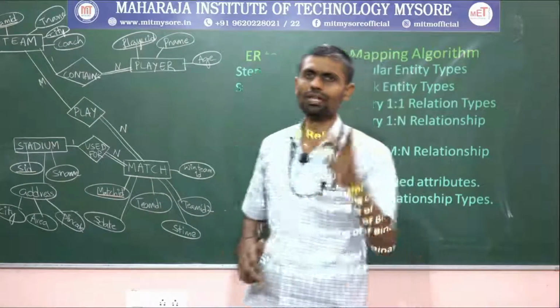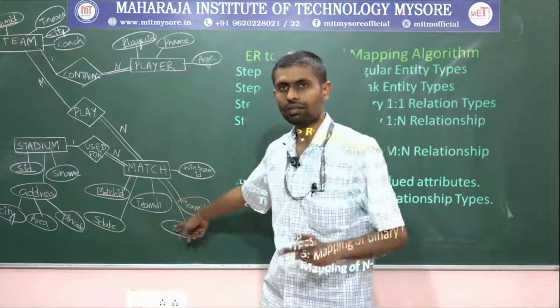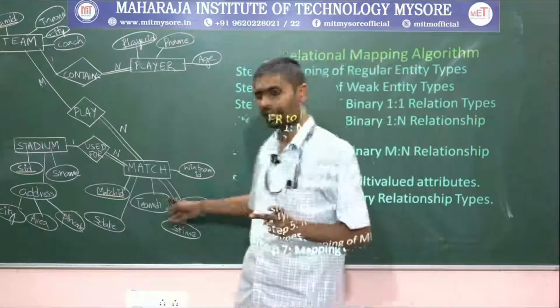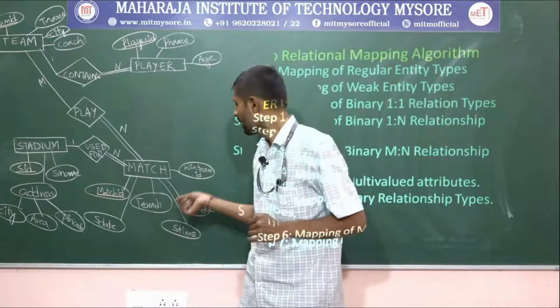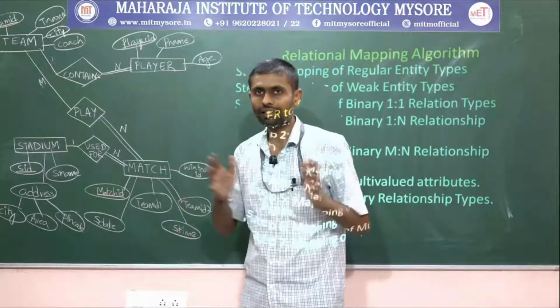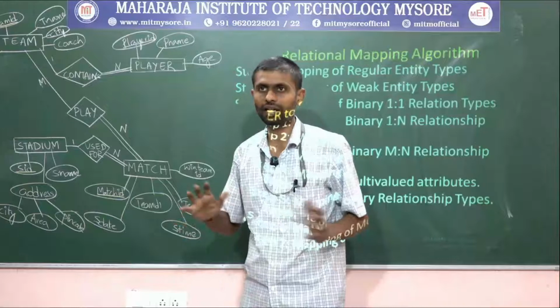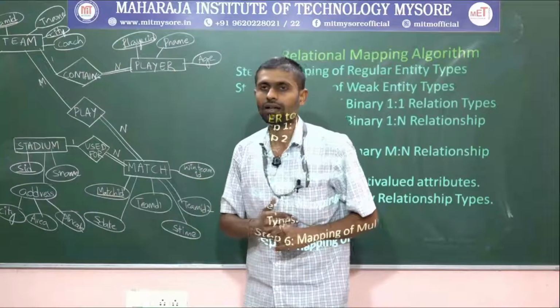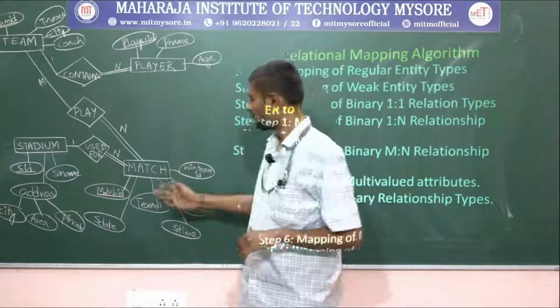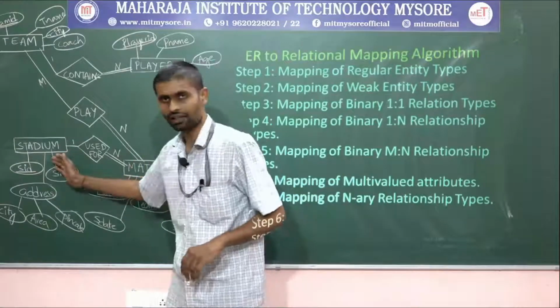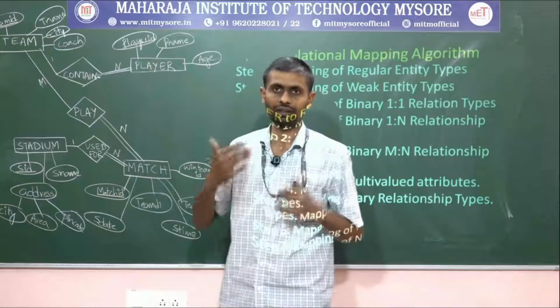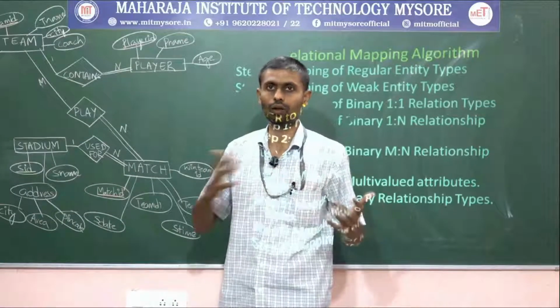Since only two teams contest a match and only one wins, I have recorded it here to keep the relational mapping simple for the time being. It also avoids re-watching the whole scenario.